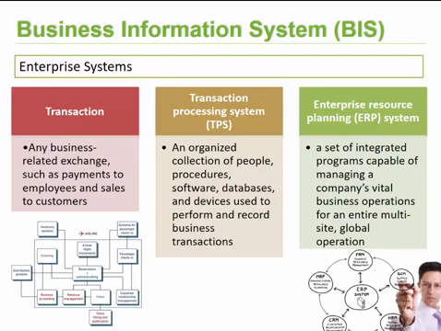If we look at ERP systems, now these programs would help you with managing your organization's vital operations. For example, if you look at the image at the bottom, working with human resource management, working with customer relationship management, working with global interaction with other companies, your communication type systems, all those kind of things.